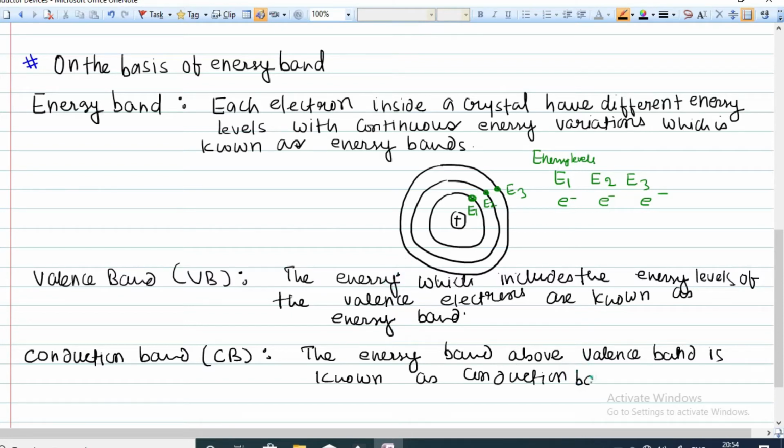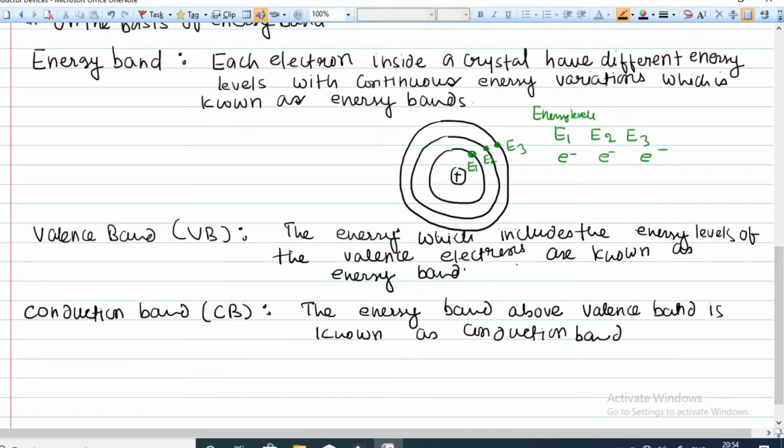And next is the energy band gap. Like we have the energy difference between the first and second orbits, E1 minus E2, and between the second and third, E2 minus E3, similarly there will be some difference of energy between valence band and conduction band. It may be zero also. The energy band gap is represented by the symbol Eg.